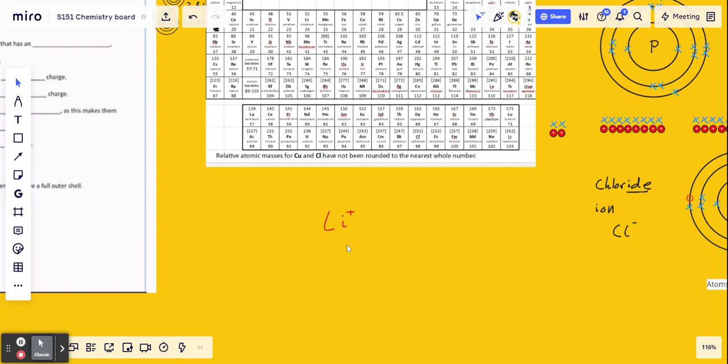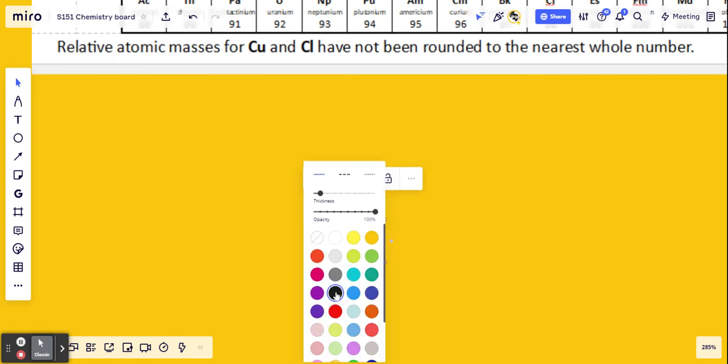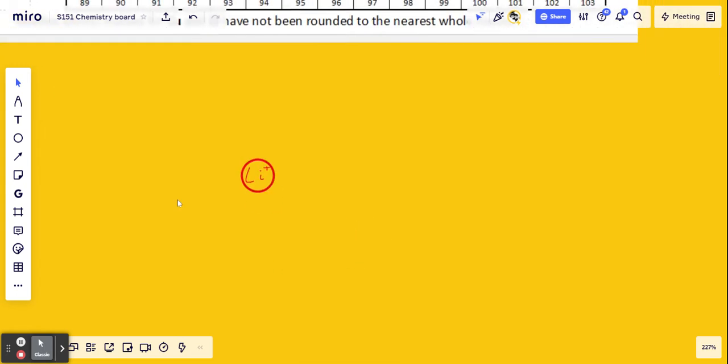Let's shrink that and put that into a little circle, and I'll put that inside there. And I'll just zoom in a little bit because I want to make a few copies of this, and I'll make this circle red, and then this circle can represent my lithium ion.